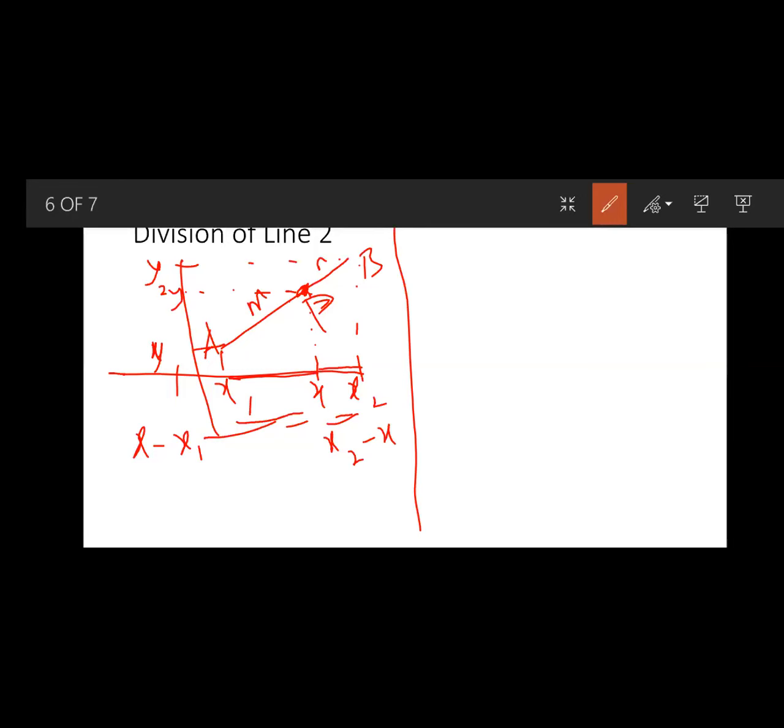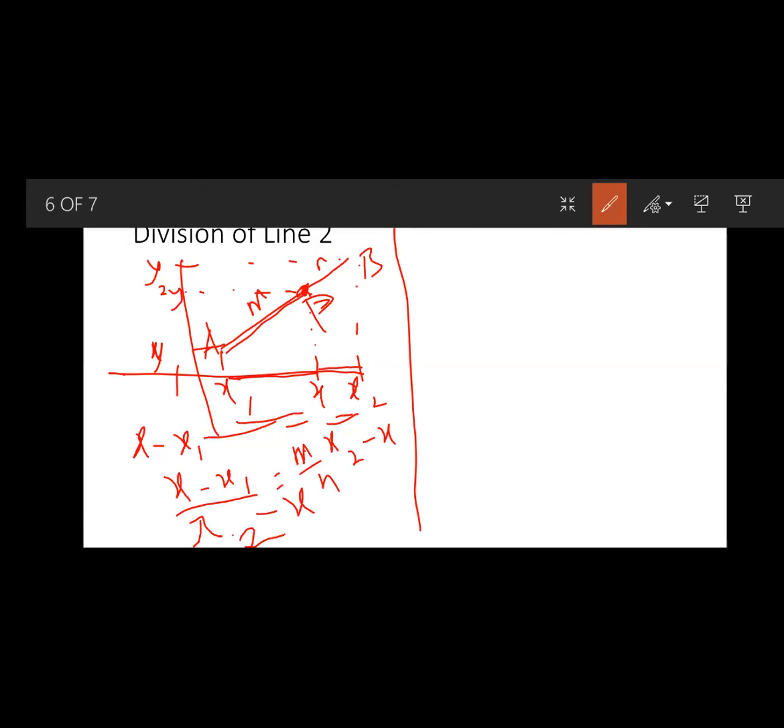If you are taking this one first, taking AP first too, we are going to have x minus x1 over x2 minus x must be equal to m over n. So you can cross multiply there.